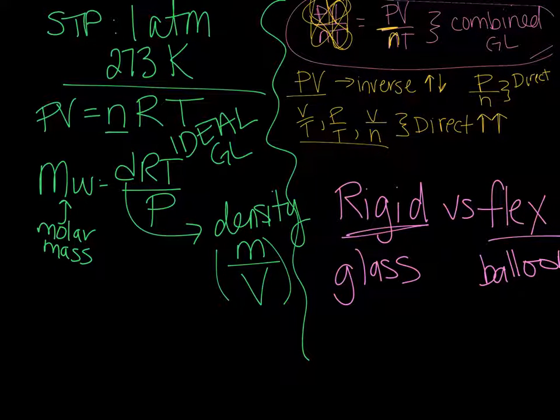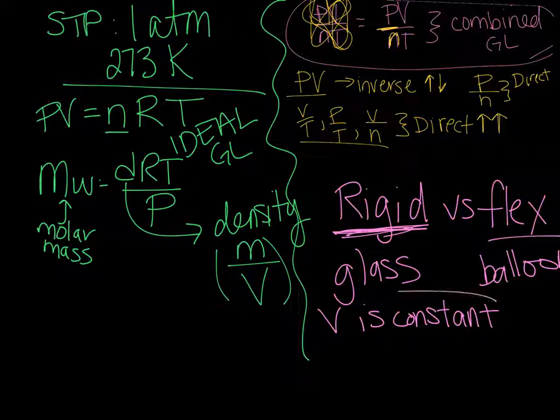Anything made out of glass is a rigid container. So if I say you have all these things inside of a rigid container, what am I telling you is staying constant? Volume is constant if I tell you a rigid container. You have to fill that in by me just saying that word.